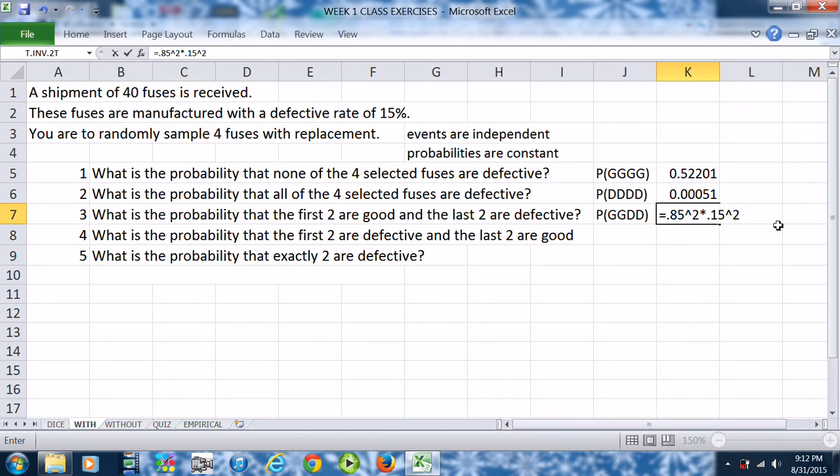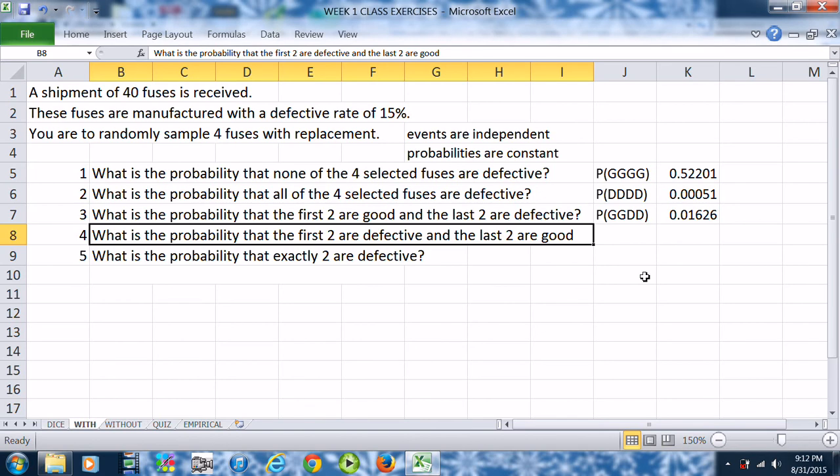So the probability the first 2 are good, 0.85 times 0.85, times the probability the last 2 are defective, 0.15 times 0.15, or more simply 0.85 squared times 0.15 squared, which gives us 0.01626.